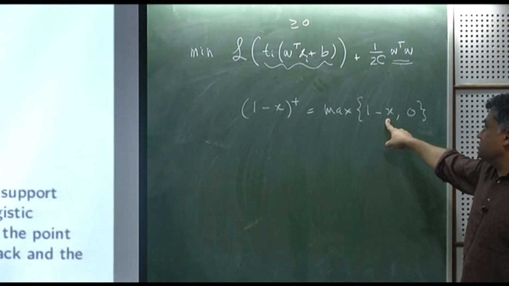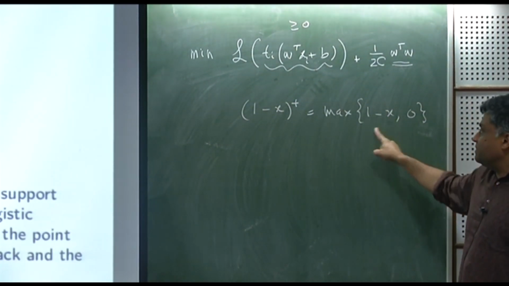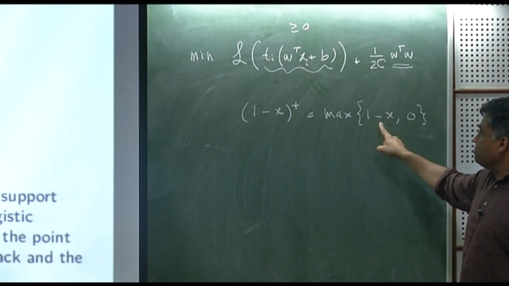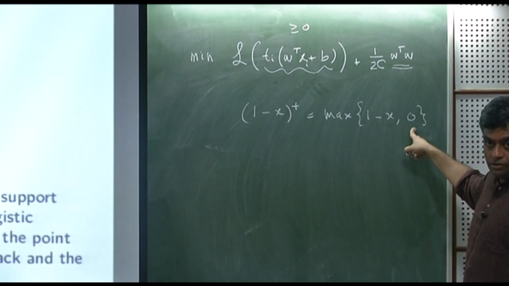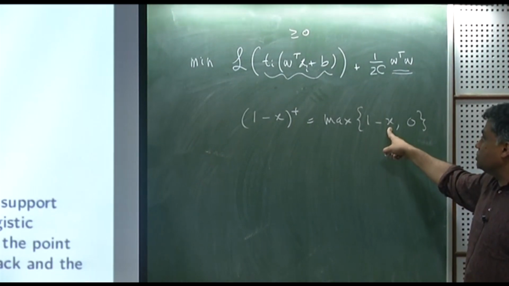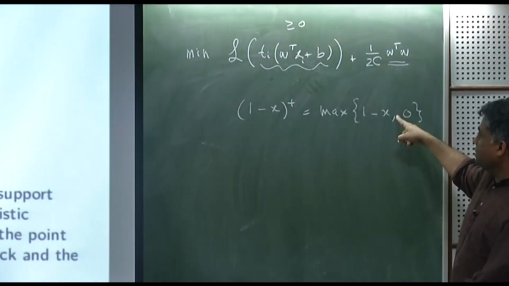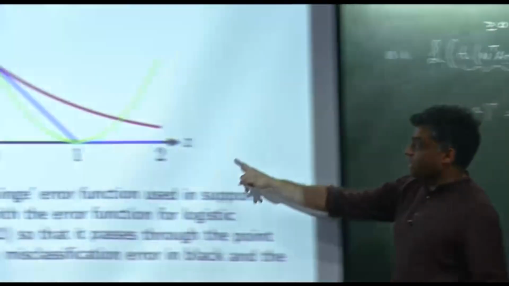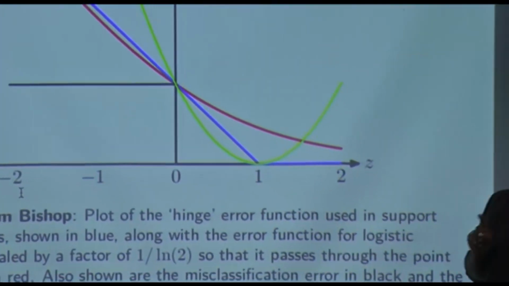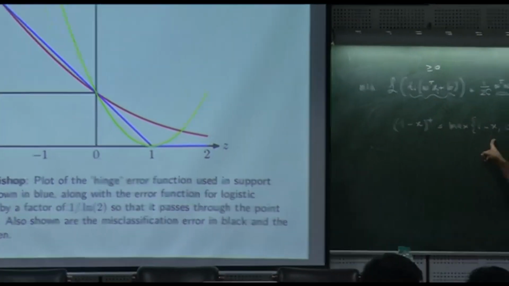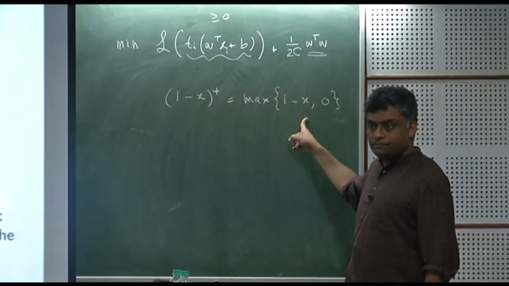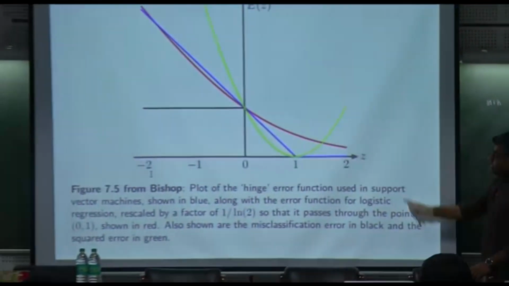For any larger values of x, this becomes negative, and you take the maximum of a negative number and 0, you get 0. When x is equal to 0, you get 1. When x is negative, this quantity becomes greater than 1, and that quantity picks up. So this is the blue line, which turns out to be exactly this function, the maximum of 1 minus x and 0. What about the red line?